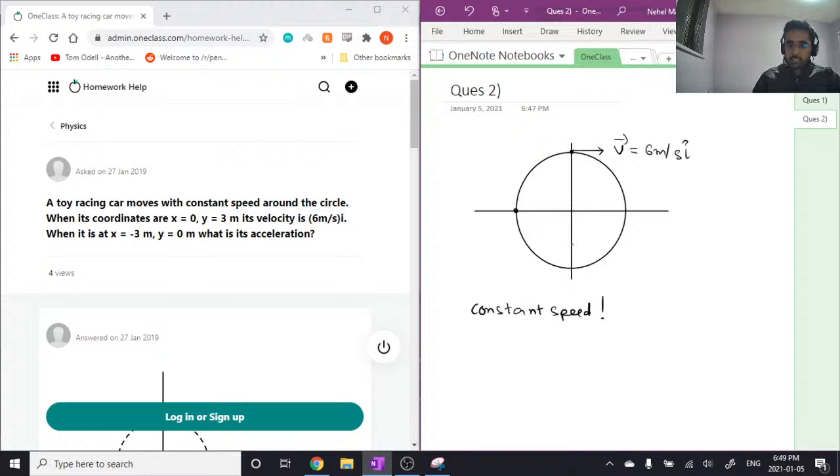So constant speed essentially implies that there is no tangential acceleration. So tangential acceleration results from change in speed, whereas centripetal acceleration results from change in direction. So in this case, since we're moving along a circle, we're changing direction at every instance. So we would have centripetal acceleration, but not tangential acceleration. And at this point, our velocity is upwards, but the magnitude is the same, 6 meters per second, and instead of I, this is J.